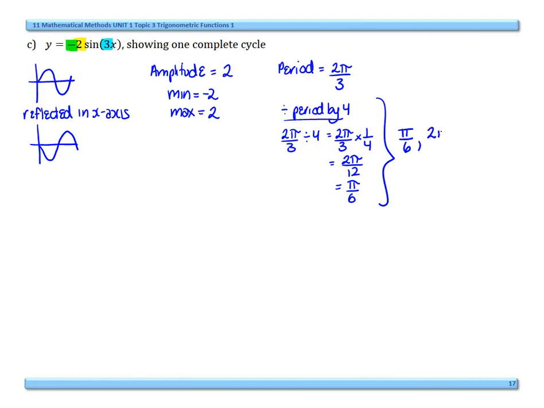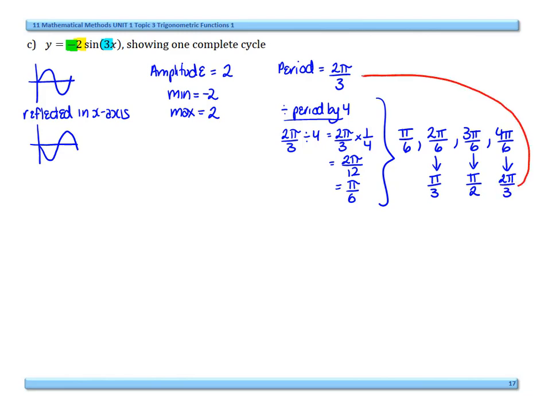Pi on 6, 2 pi on 6, 3 pi on 6, and 4 pi on 6. Simplify if you can. Pi on 3, pi on 2, 2 pi on 3. Note, this end point should always be your period.